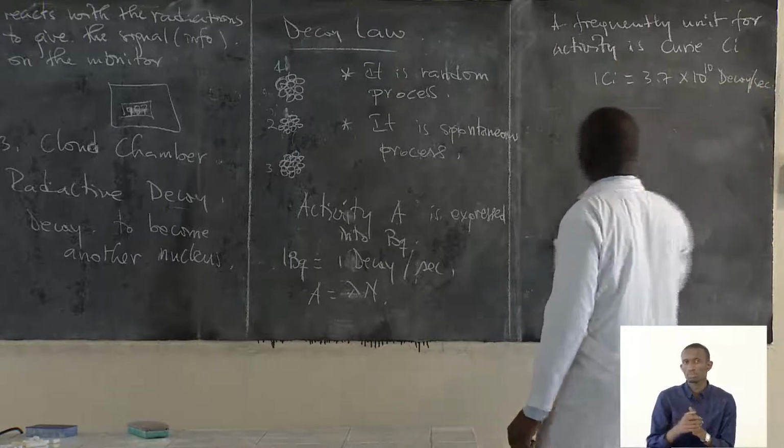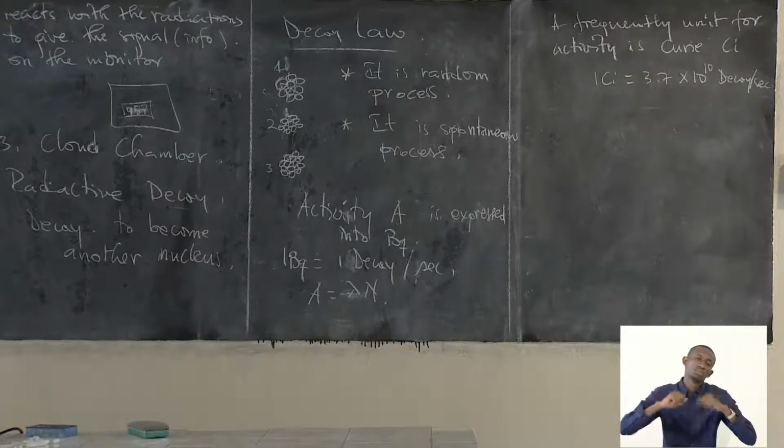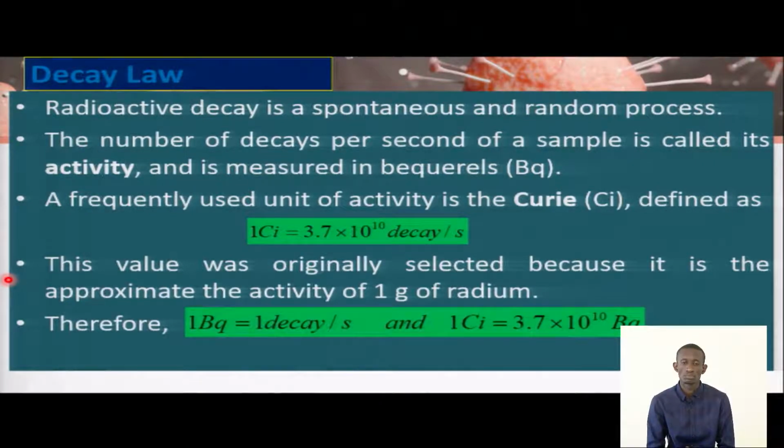So I hope that you see that. This is going to give you the value of activity, but in decay per second. The unit of activity is becquerel, whereby 1 becquerel is equal to 1 decay per second.